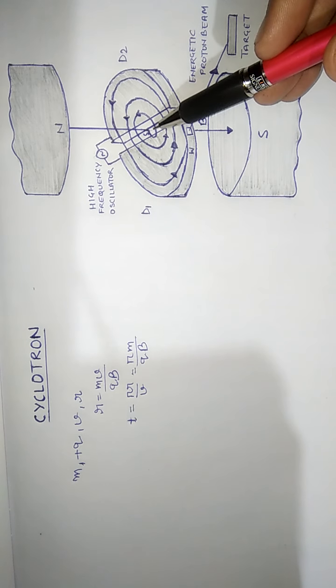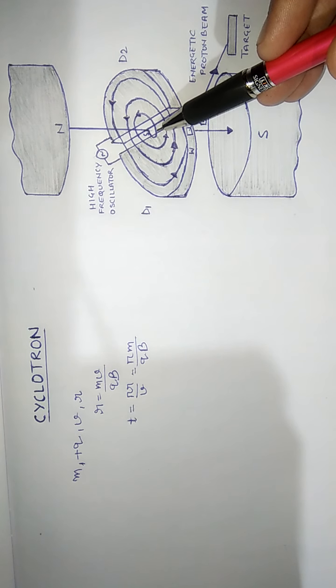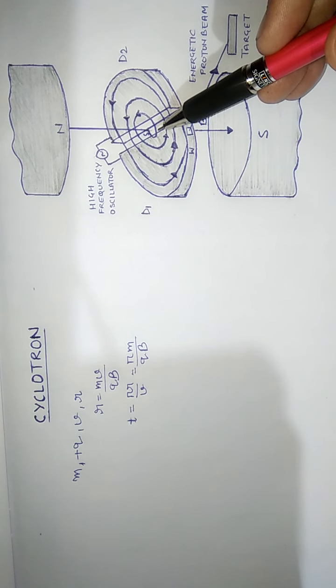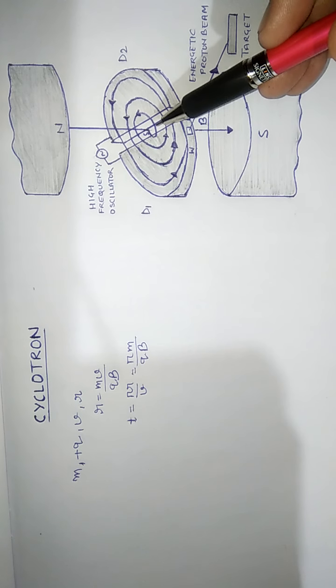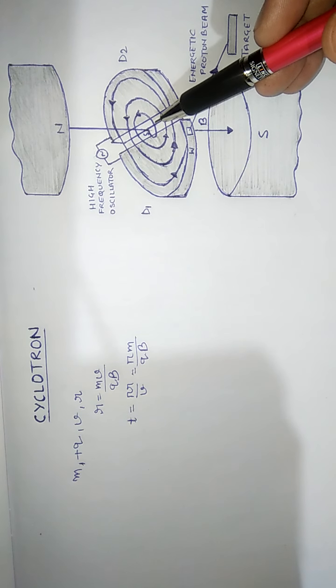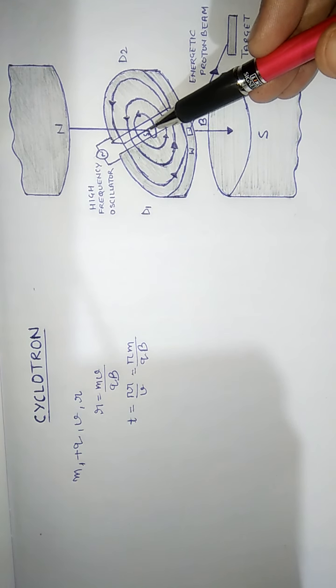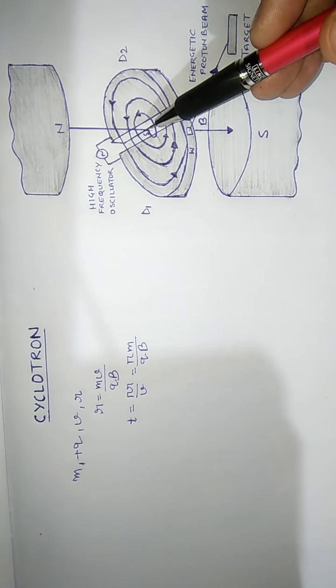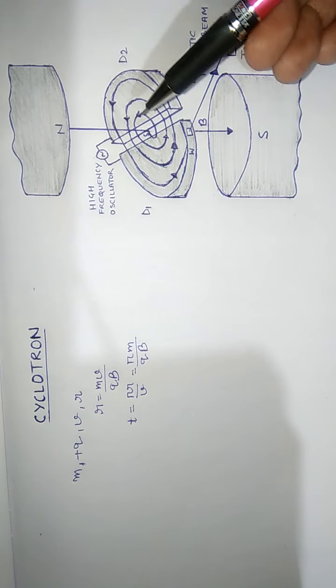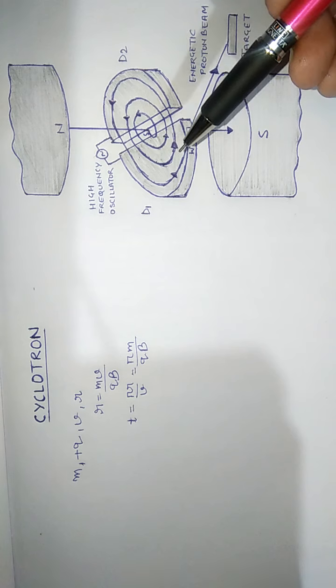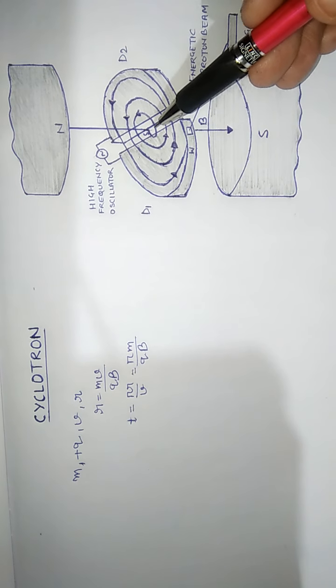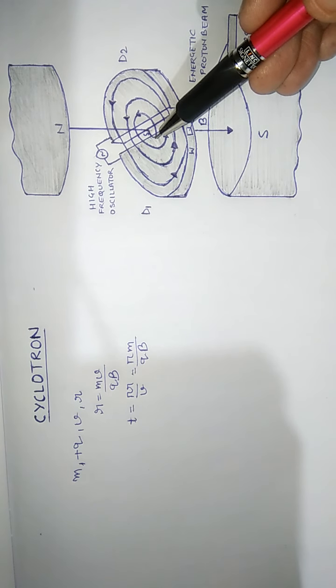An ion source is located at the center in the gap between the Ds. It consists of a small chamber containing a heated filament and a gas such as hydrogen for production of protons or deuterium for production of deuterons.